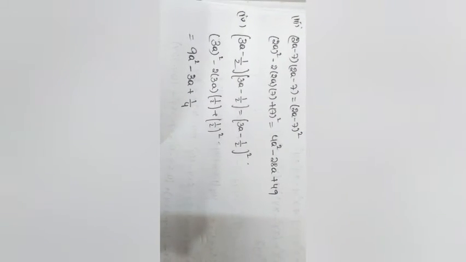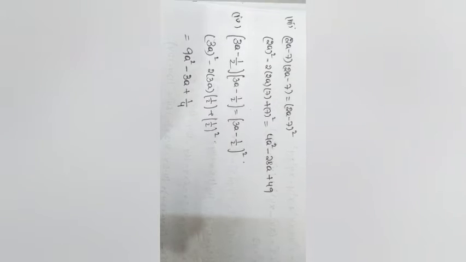Fourth bit is also the same. Sorry, see, the fifth bit is 1.1m minus 0.4 into 1.1m plus 0.4. Here it is a minus, here it is a plus. So, a minus b into a plus b. The first, second, third, fourth bits are a plus b into a plus b, or a minus b into a minus b. But this is in the form of a minus b into a plus b.